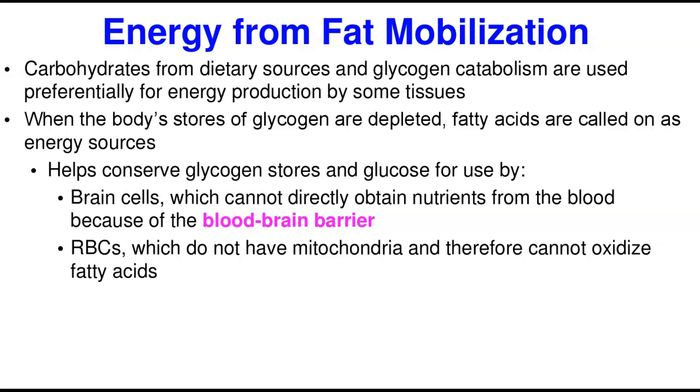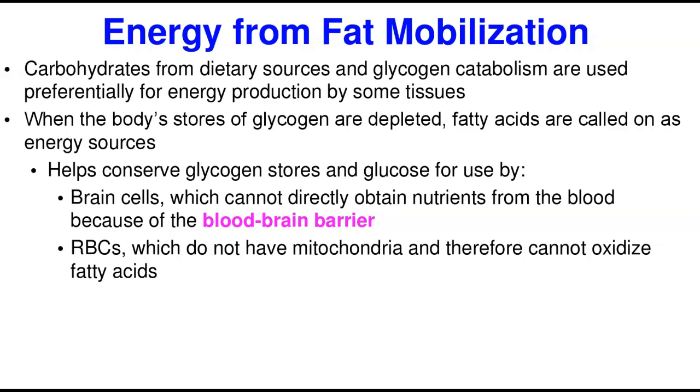Now, what about the energy from fatty acid? I already told you, when they're broken down, they release a lot of reducing equivalents, the FADH2 and NADH, which yield a lot of ATP equivalent, and also acetyl-CoA, which when it goes through the citric acid cycle releases a huge amount of ATP as well. So carbohydrate from dietary sources and glycogen catabolism are used preferentially for energy production.